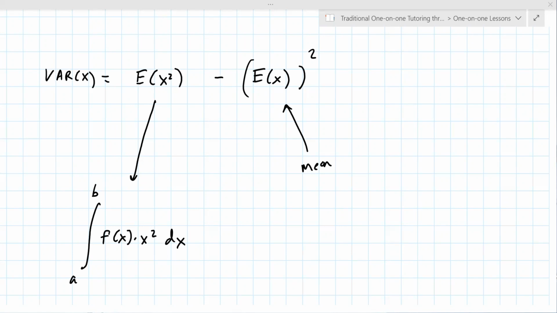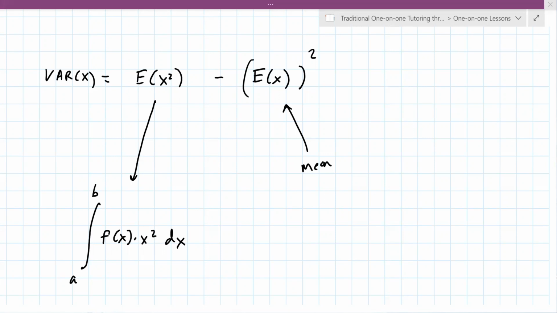Okay. And then really quick, last but not least, that formula there. You said that's the formula for variance? Yes. Oh, I see. And then lastly, how come we're using that formula instead of the simple one, b minus a squared over 12?